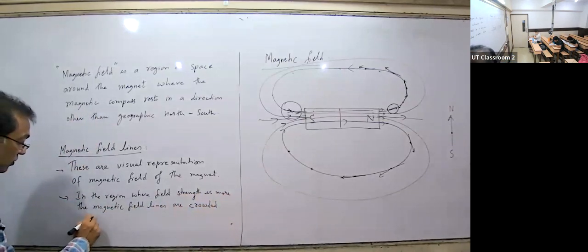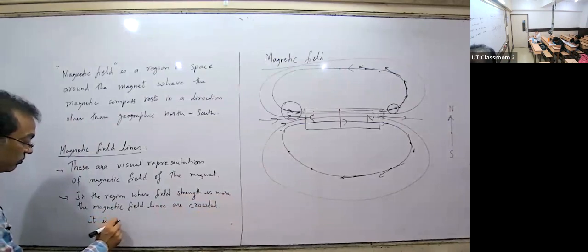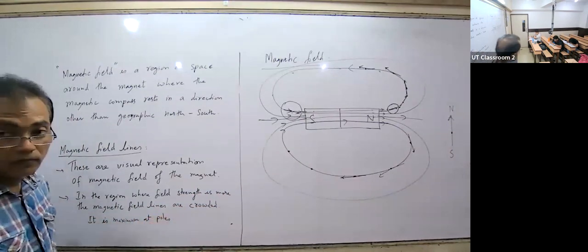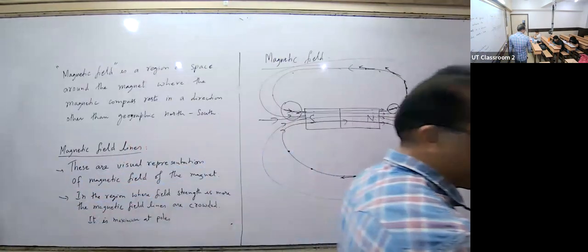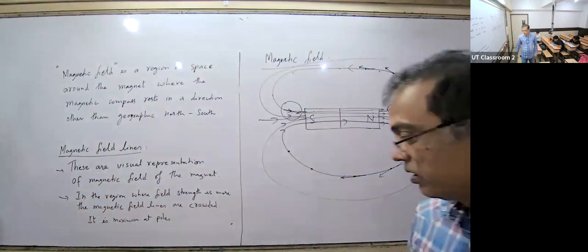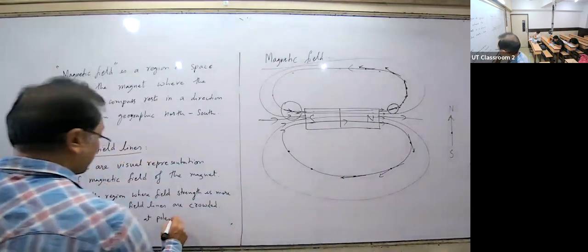It is maximum at poles. Okay, it is maximum at poles and it decreases as we go away from the magnet.